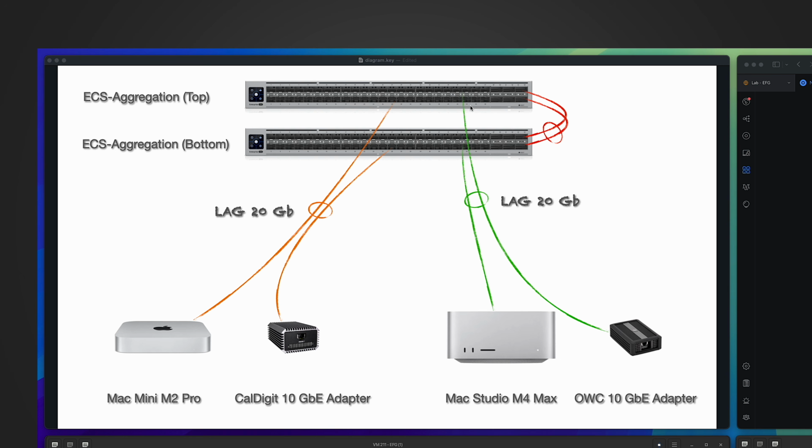If one MCLAG peer fails, the other one can continue to provide network connectivity, minimizing downtime and improving overall network resilience. These two MCLAG peers utilize ICCP to exchange control information and coordinate their actions.